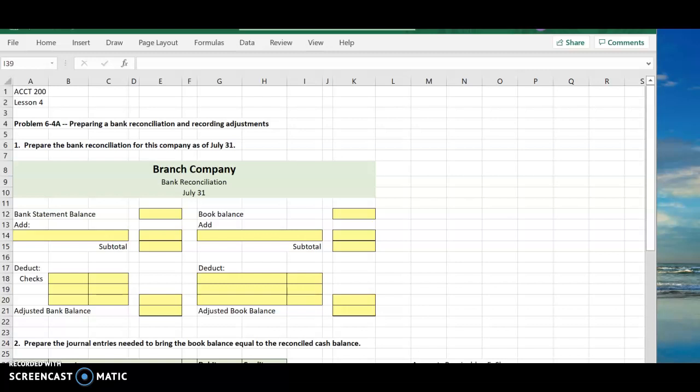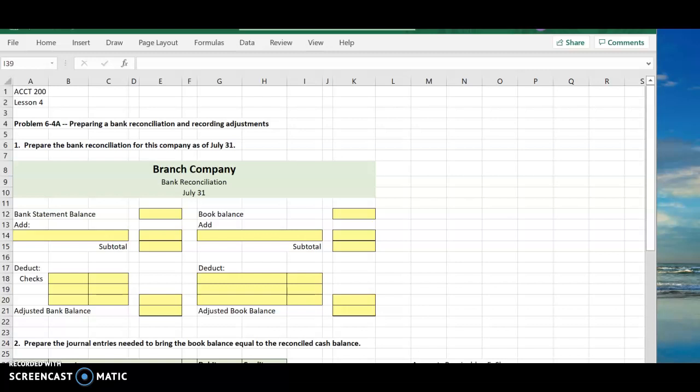But in your job, or if you're running your own business, you'll come up with a template that you'll use, because you will do this every month. Every month you get a bank statement, and every month you will adjust it with your cash balance. So let's look at how come it's out of balance. We'll talk through that as we work through this.